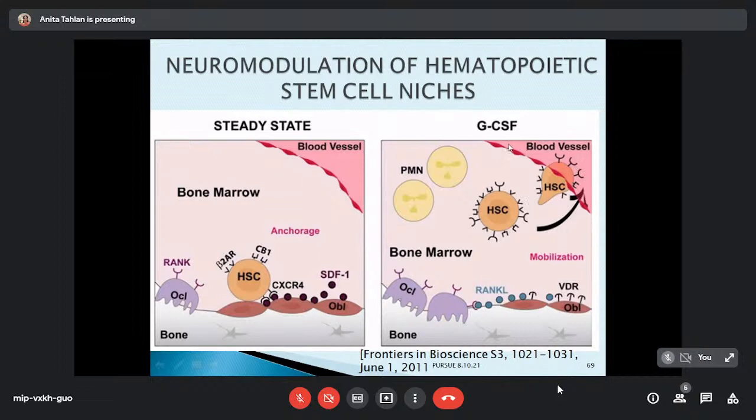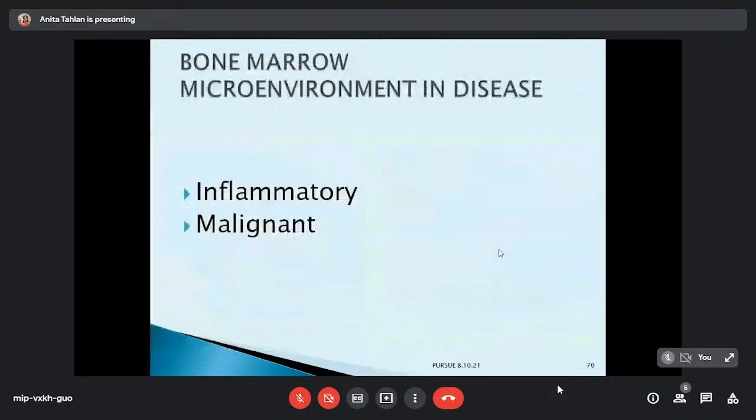So that means these cells can be influenced by many immune and hematopoietic systems, and GCSF is one molecule which has been commercially and therapeutically utilized for the mobilization of stem cells.